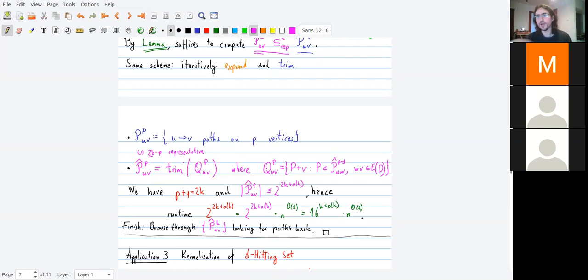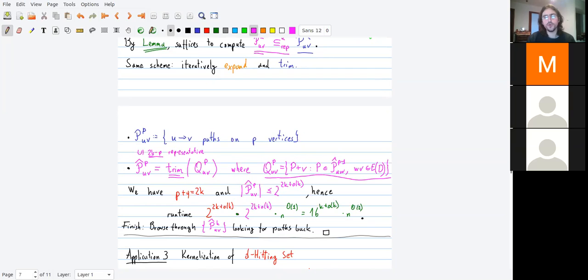So again, I start with paths of length 1, for which I just have the whole family being a single path. And then I iteratively add one vertex in every possible way, as before. And then I apply this trimming procedure, the procedure that computes a representative subfamily. And for this, I need now to have 2k minus p representativity.